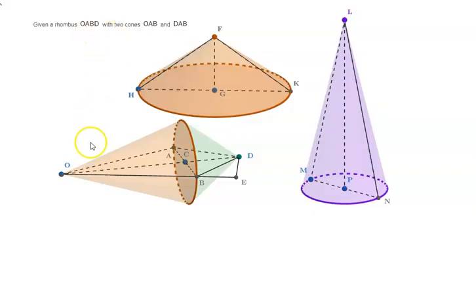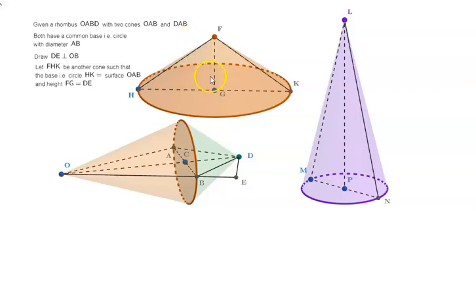Given a rhombus OABD with two cones OAB and DAB, both have a common base, that is a circle with diameter AB. Draw DE perpendicular to OB, which means we will have to extend OB to join with DE.